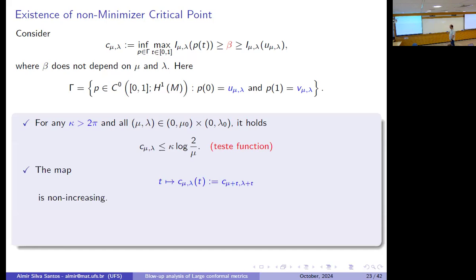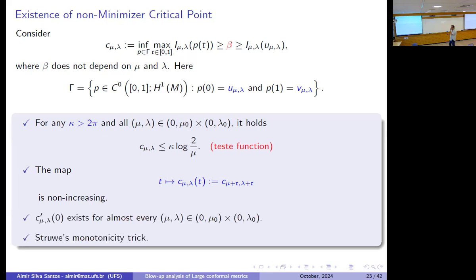A consequence of the functional, when you fix one parameter and vary the other one, is that this function, which is defined in this way, is not increasing. This condition is important to use what is called the Struwe monotonicity trick. You have to analyze a family of functionals which depends on some parameter.